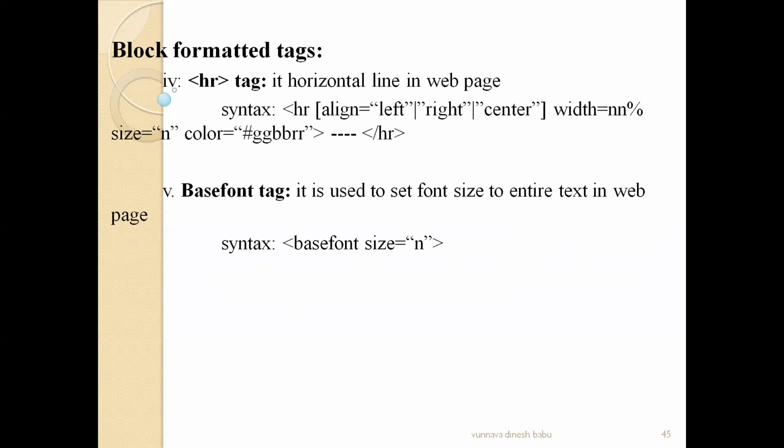If we want to increase or decrease the font size, we have to use this base font tag. This base font tag has an attribute called the size attribute, and we provide some number in place of n. So if we provide base font size equal to 10, then the font size of the text on the entire web page will be 10.